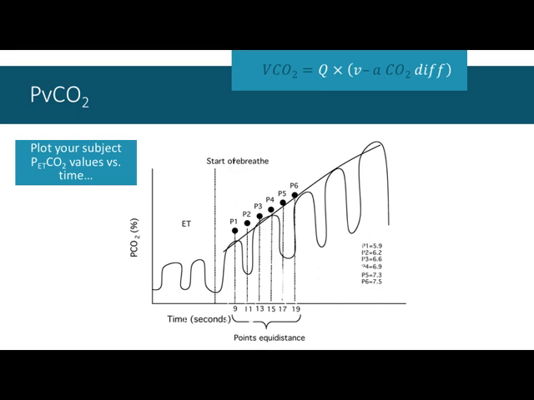And the reason for that is not every breath is of the same duration. Some breaths are 2 seconds, some breaths are 4 seconds. And the accumulation is continuing between breaths. If you don't take equidistant points, the increase in CO2 is a factor of accumulation and a factor of time.